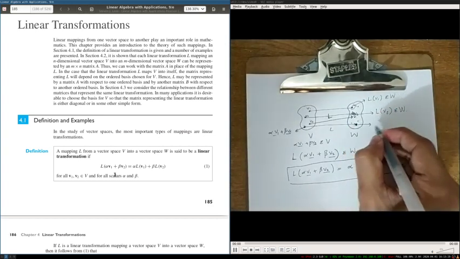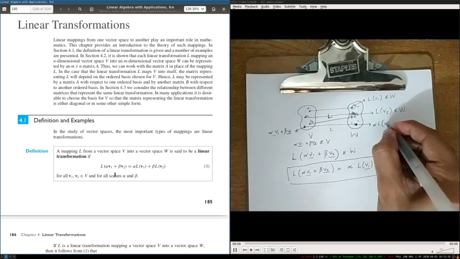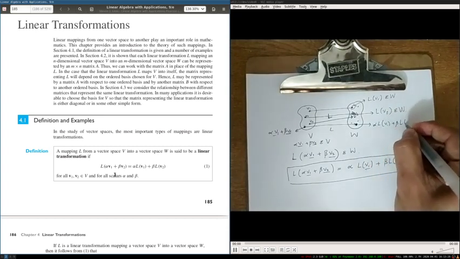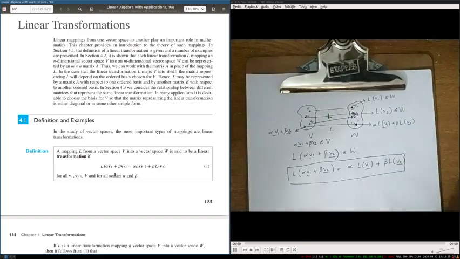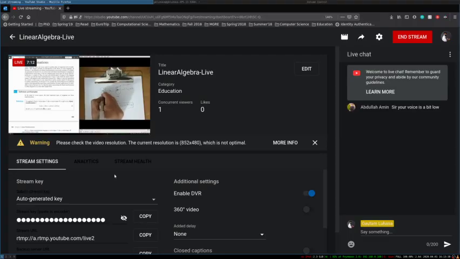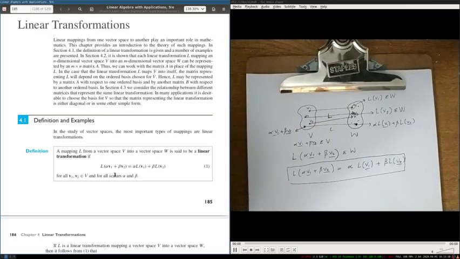So this would now be alpha L of V1 plus beta L of V2. And that's the idea behind a linear transformation, in that it takes a linear combination in V space and gives you another linear combination in W space.